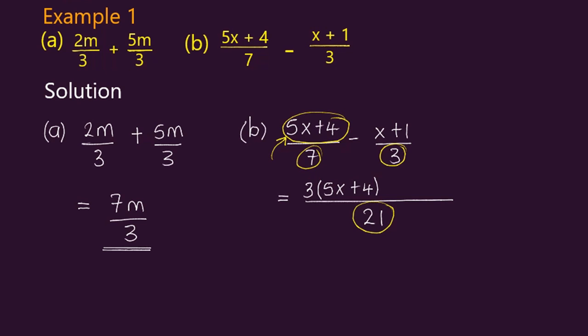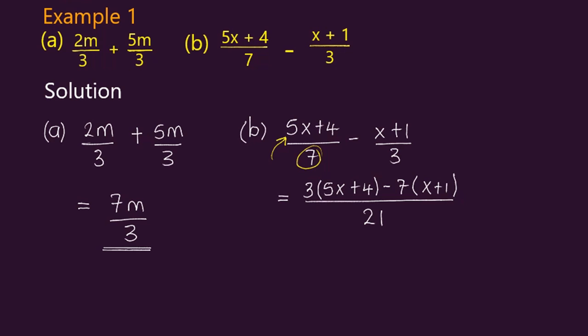So we multiply 7 by the numerator here, which happens to be minus (x plus 1), so we get minus 7 of (x plus 1). That's simply how we handle this subtraction of our two fractions.